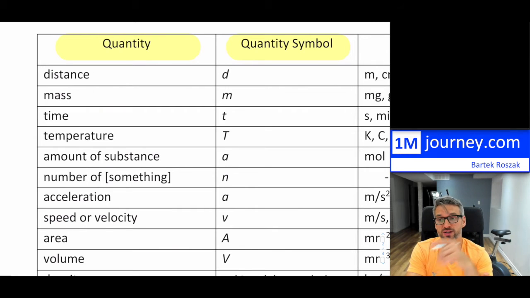So you will notice that on the left-hand side, the written-out names of the quantities, the symbols will be differentiated. It's very rare that a symbol is shared with another quantity. Sometimes it happens. Actually, on this list there will be one, but most likely you won't study that unless you get into engineering or something of that nature.